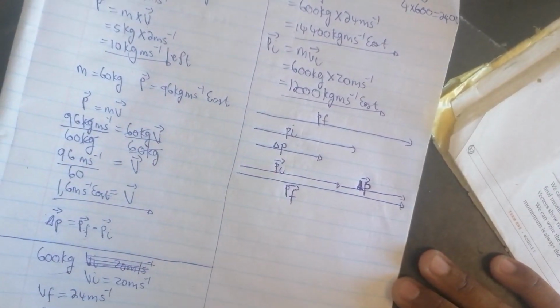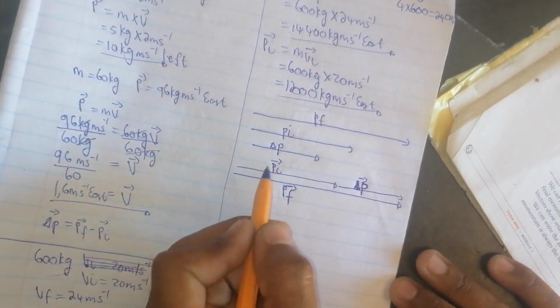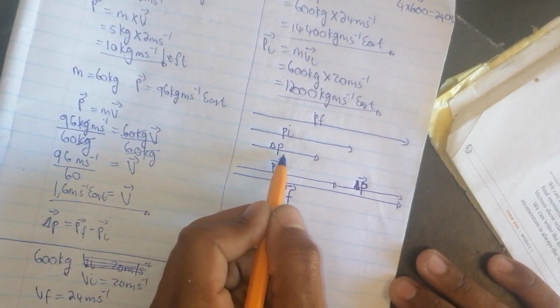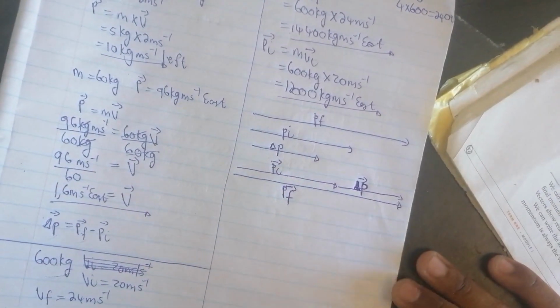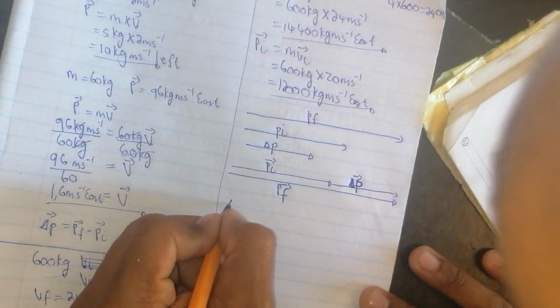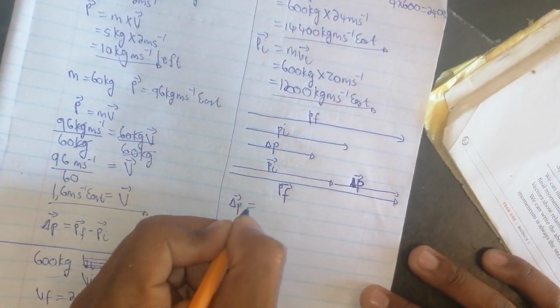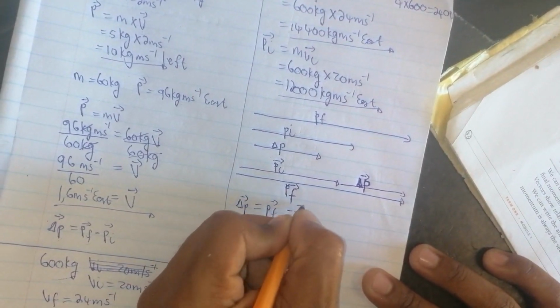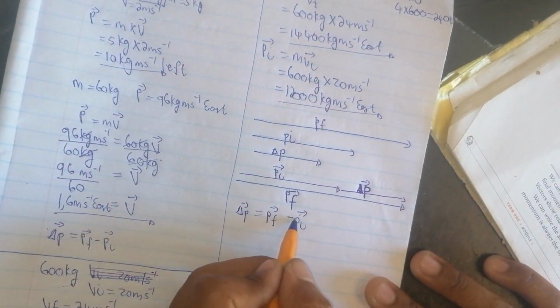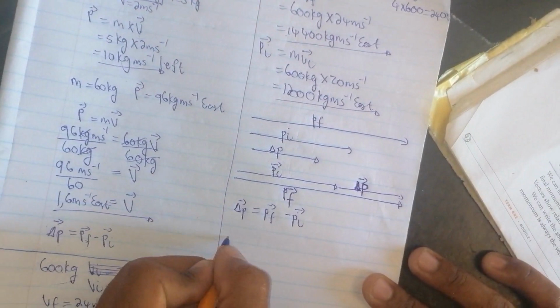And the sum, I want you to be very careful here. The sum of initial and change must give you the final. How do I know this? Let's check. Change in momentum equals final momentum minus initial momentum. And look what is happening. Take this to the other side.